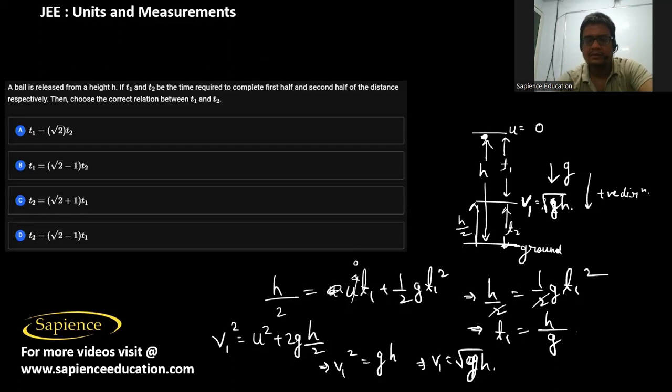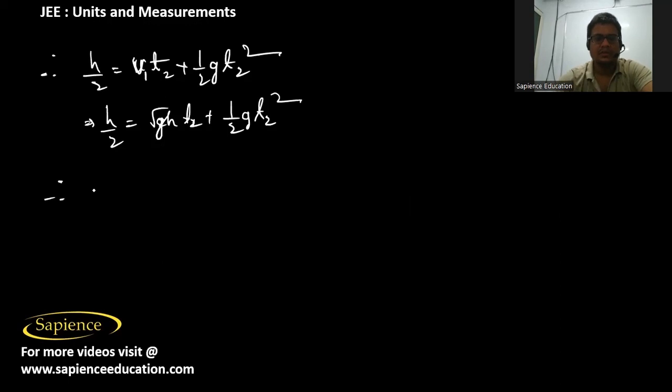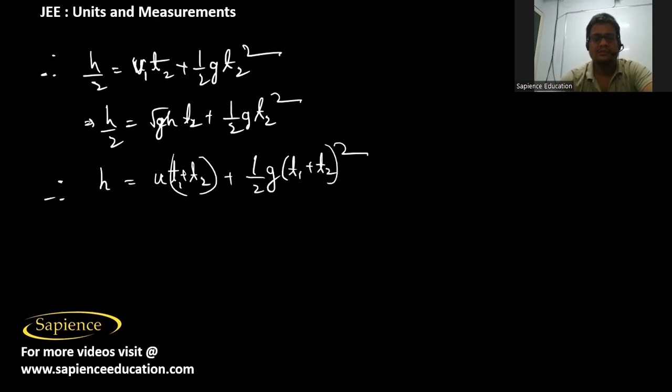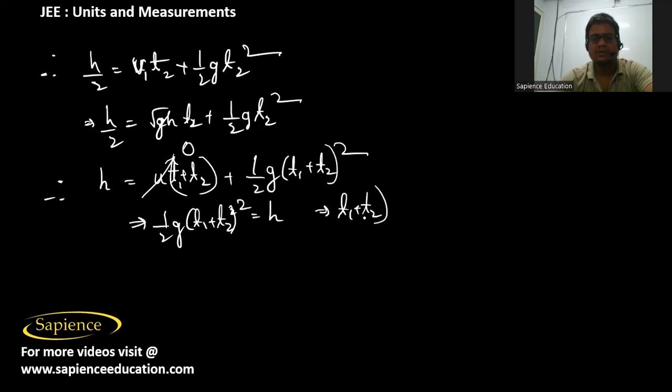Or we can say the time it takes to reach the ground is t1 plus t2. So I can say h equals u into t1 plus t2 plus half g into t1 plus t2 whole square. So u is 0, so half g into t1 plus t2 whole square equals h.